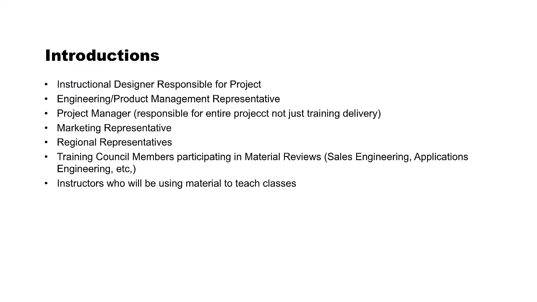And again, if you haven't looked at that video, look at the how to set up a training organization. We talk about a global training council. You would have sales engineering, application engineering, regional representatives might be from the training council too. Anybody that's there that you think is needed to be part of that. And then any instructors delivering the instructor-led training.